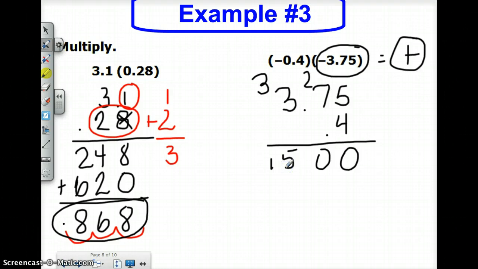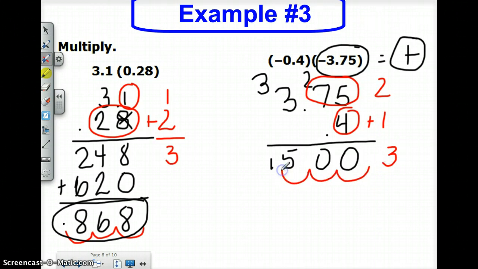And again, now let's figure out where our decimal place is going to be placed. I have 2 digits. I have 1 digit. Add those up. That's moving it 3 places from the right, 1, 2, 3. Place your decimal point in. Final answer, 1.5.